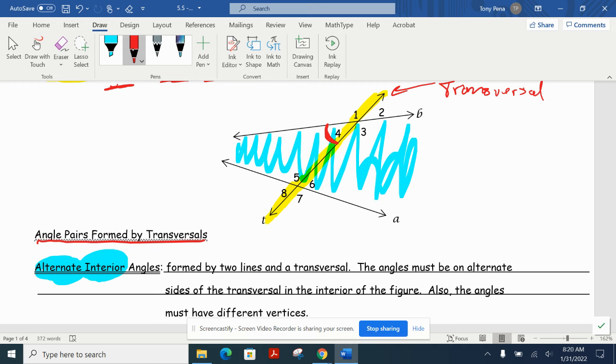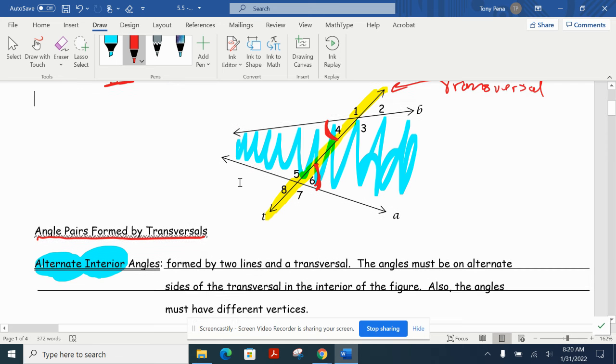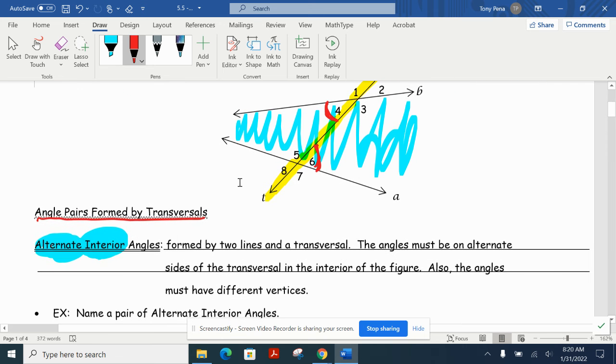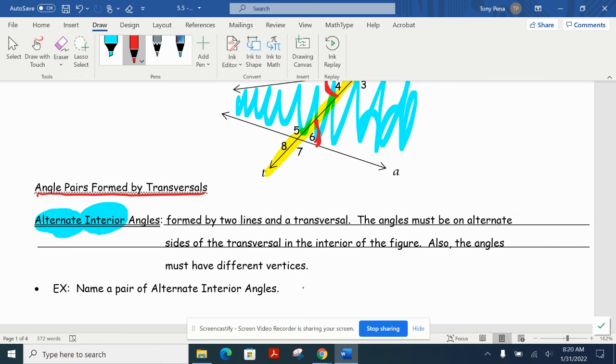What is the other angle that's inside but on the opposite side of your transversal? Ella? Good. Angle 6. Those are on alternate sides of the transversal, and they're inside of the other two lines. So when I say name a pair, you're going to say angle 4 and angle 6.